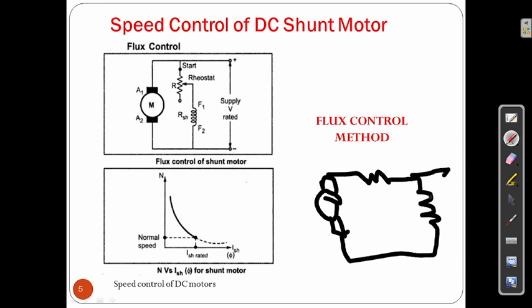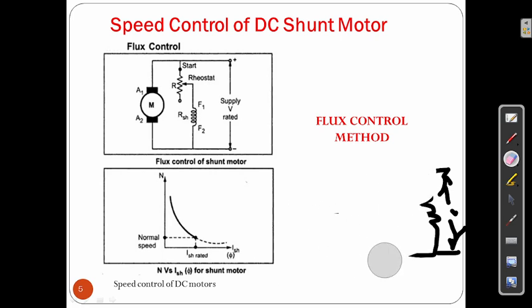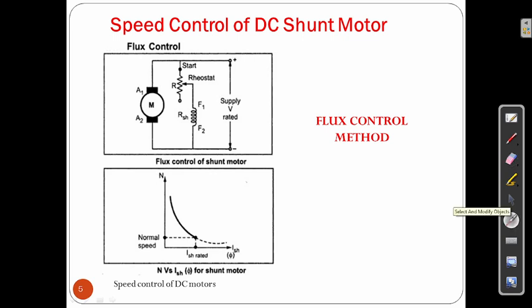Then we give the supply here. With the help of changes in that input, we get flux control. That is the DC series motor method.